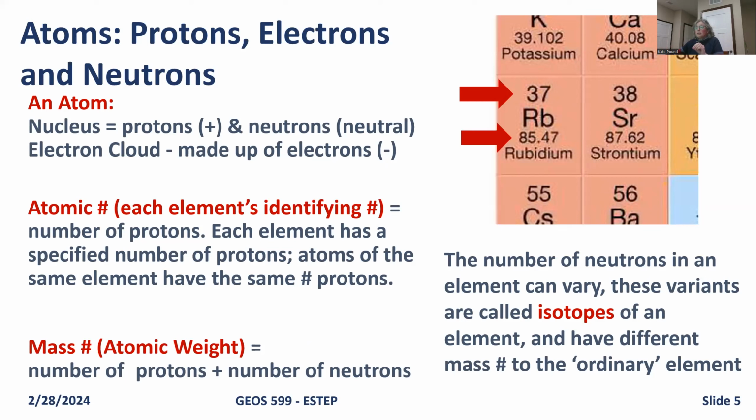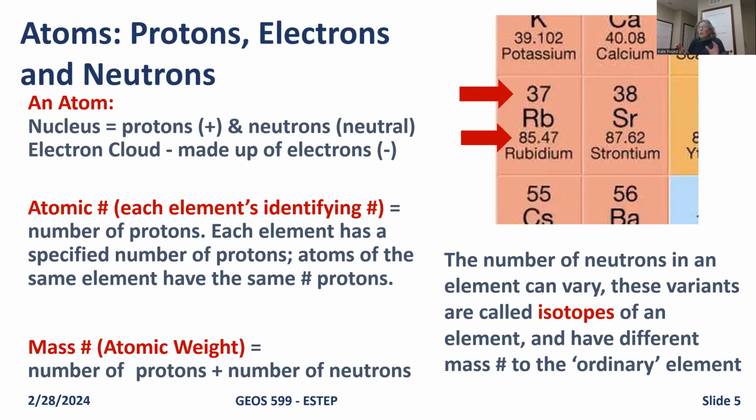Now, I want you to remember that the number at the top of the square, up above rubidium, is the atomic number. And that's kind of like each element's social security number. The reason I call it a social security number is that it tells us the number of protons. Each element has a specified number of protons. Remember, they are the positively charged parts that are in the nucleus.